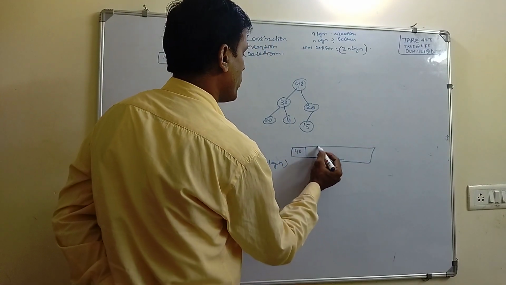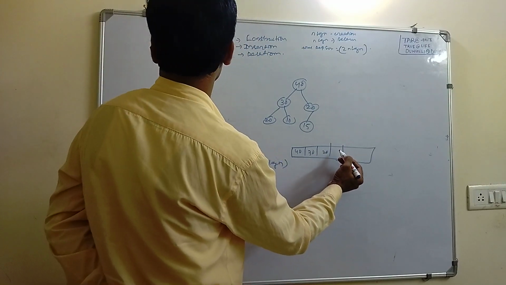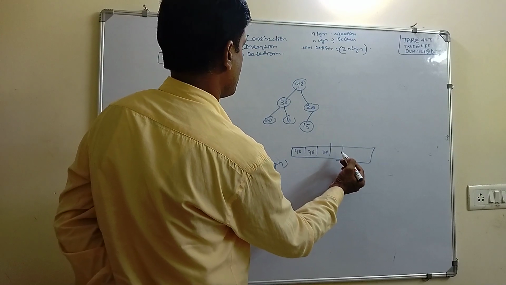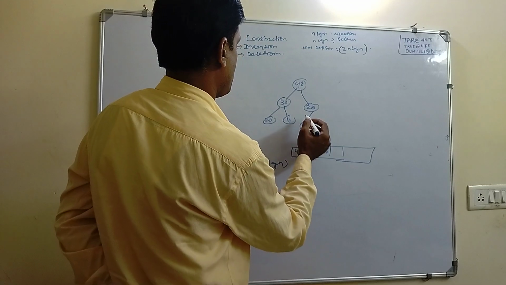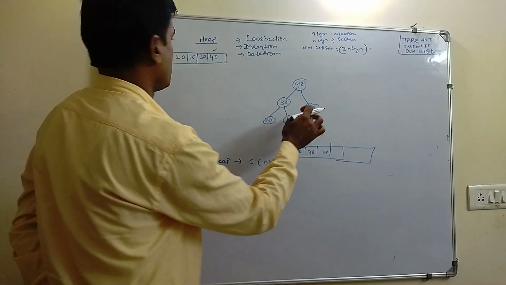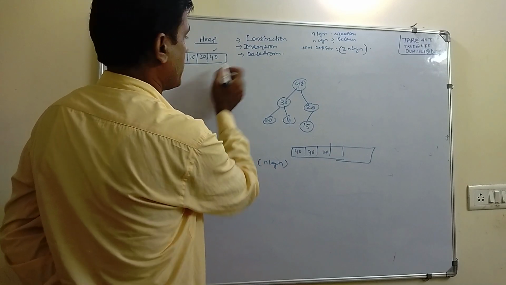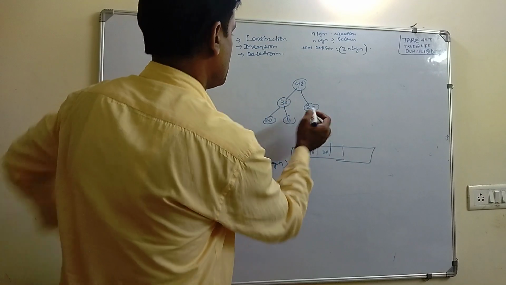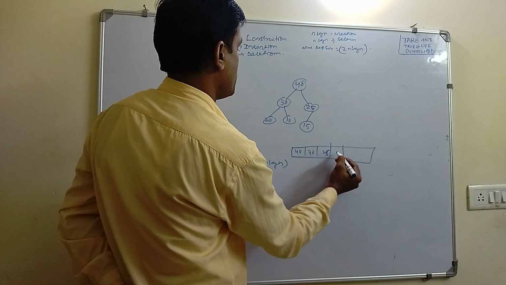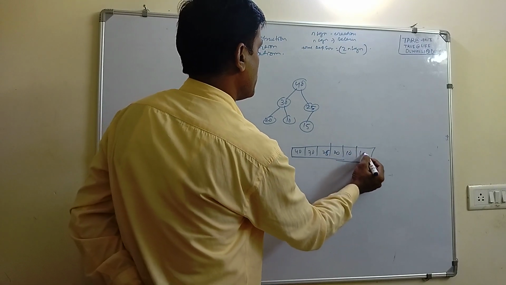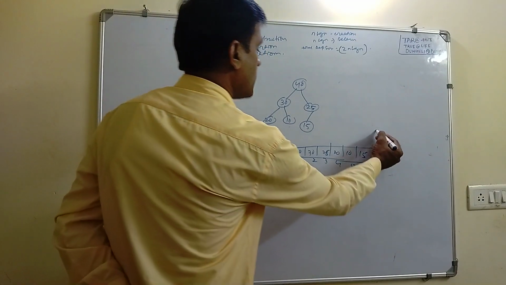Here I have represented 40, then 30, then suppose 20, and I have taken one more element, suppose 25. So 25, then 20, then 10, then 15. Suppose this is my representation, 1, 2, 3, 4, 5 and 6. My heap size is up to this.